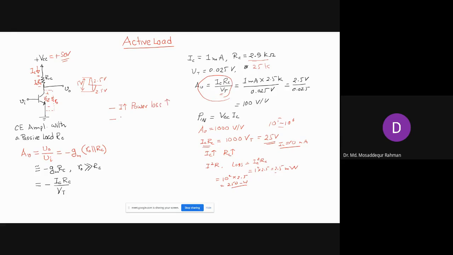And if you increase the R, your chip area will increase. And in both cases, whether you increase I or increase R, the requirement on the power supply also goes up, right?